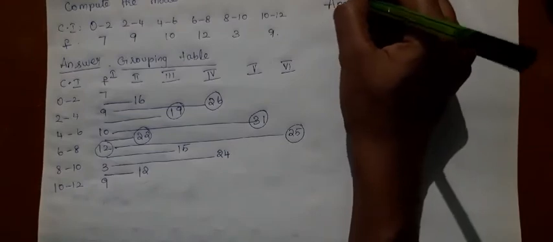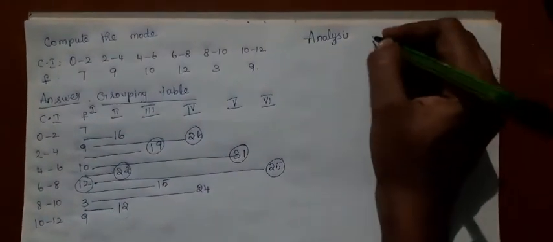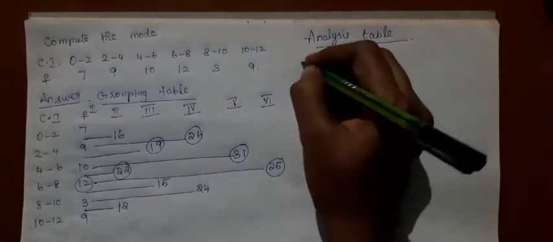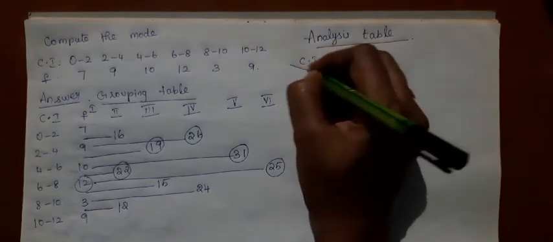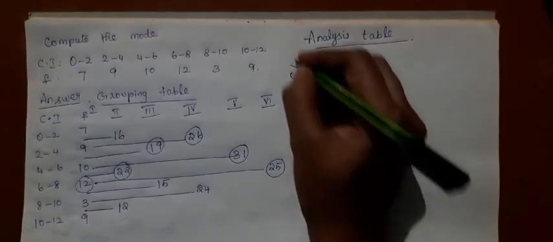Okay, now you should form the analysis table. Write the class intervals in the topmost row and column numbers in the leftmost column.